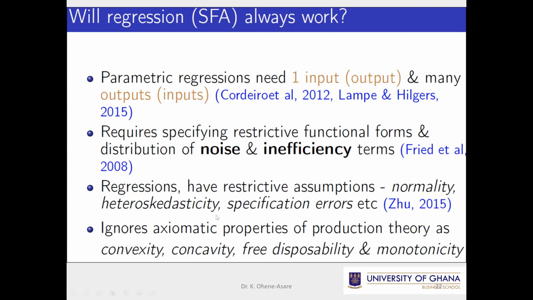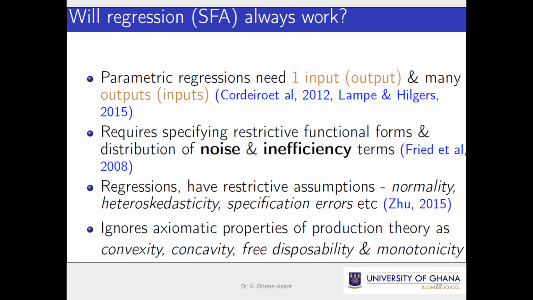The other thing about stochastic frontier analysis, which is sometimes slightly worrying, is that you have to specify a regression model. And in specifying the regression model, you have to specify the distribution of the error term. Is it normally distributed? Is it half normal? Is it truncated normal? Is it gamma? Is it Weibull? What kind of distribution? Sometimes you have to do all kinds of specification, and then you run into the problem of specification tests.